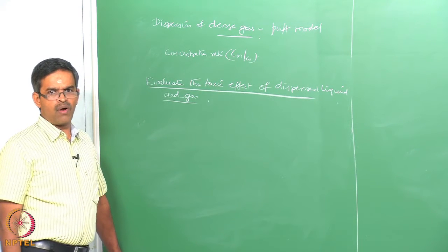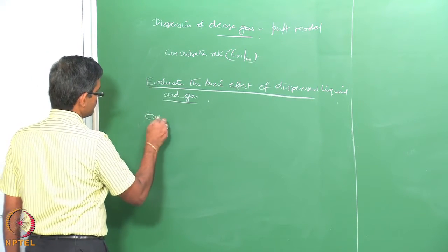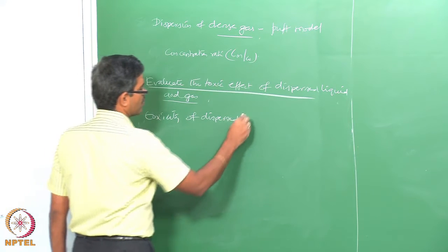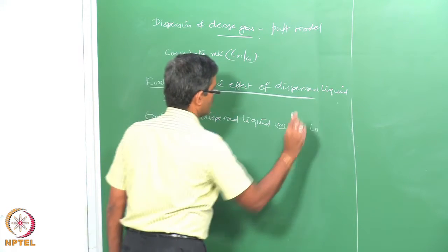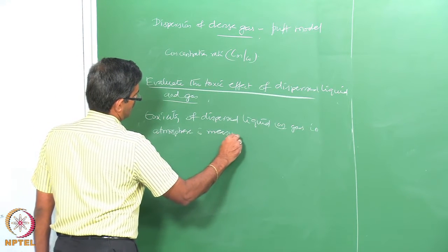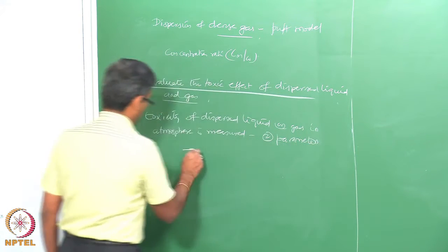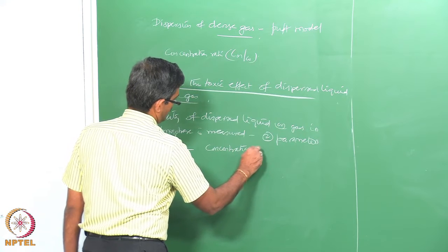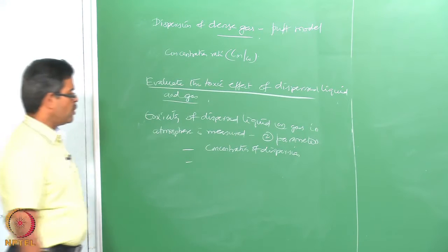Toxicity of a dispersed liquid or gas in atmosphere is measured based on two parameters, namely concentration of dispersion and duration of exposure.